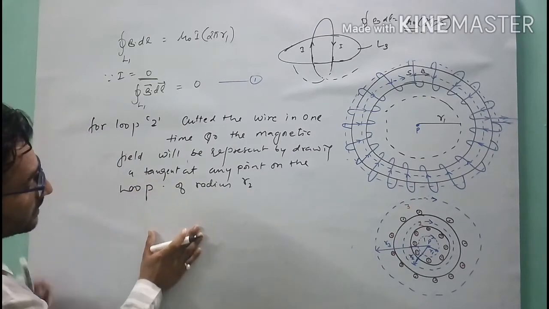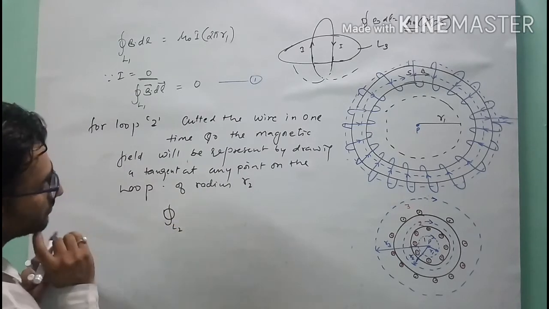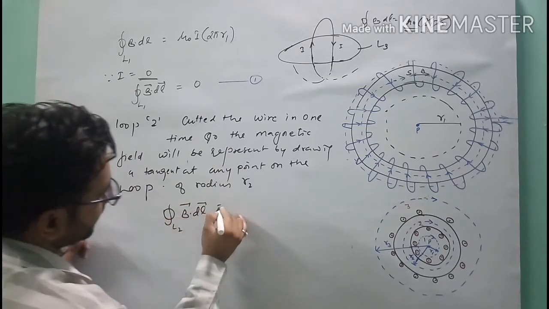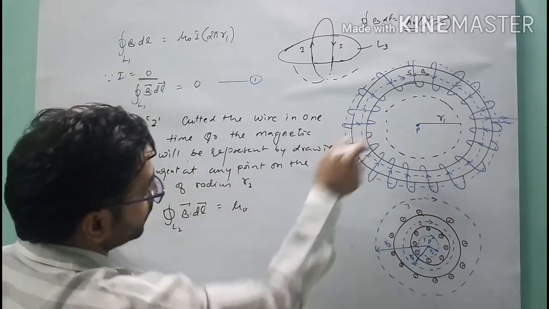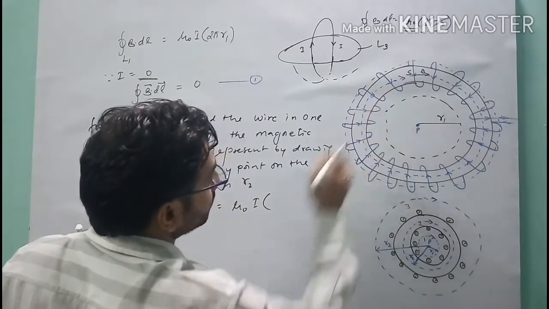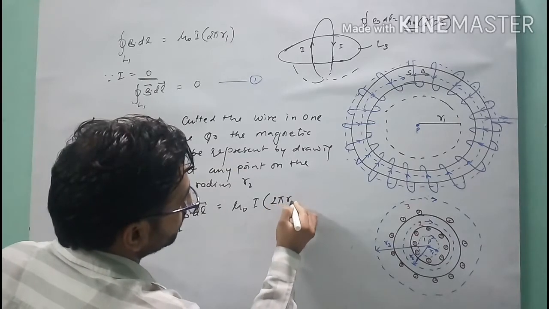So for this condition, dear student, when I use the Amperian loop, B dot dl is equal to mu naught times the total current I enclosed by the circular Amperian loop of radius R2, and the length of the loop is 2 pi R2.